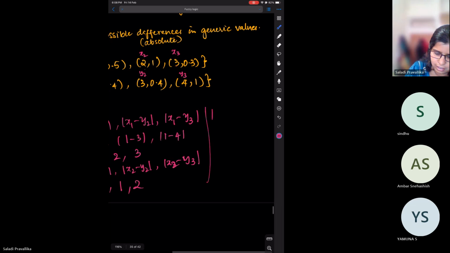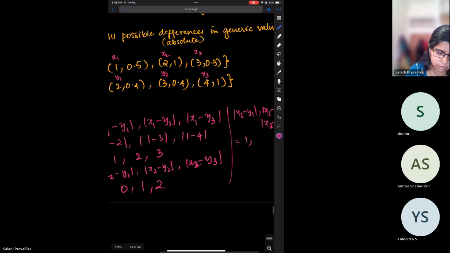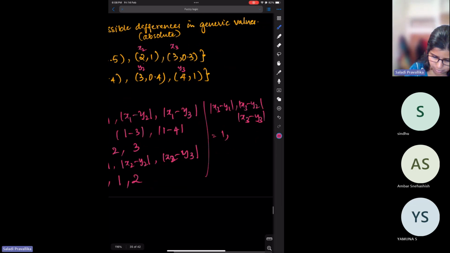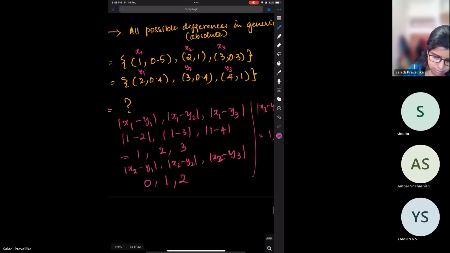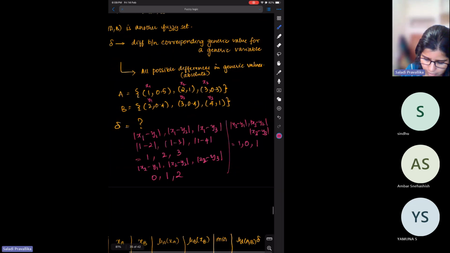Then x3 minus y1, x3 minus y2, and x3 minus y3. So that is equal to 3 minus 2 is 1, 3 minus 3 is 0, right? And 3 minus 4 is 1, right? We are taking the absolute values. So if I write all of this as a single set, it is going to be 0, 1, 2, and 3.